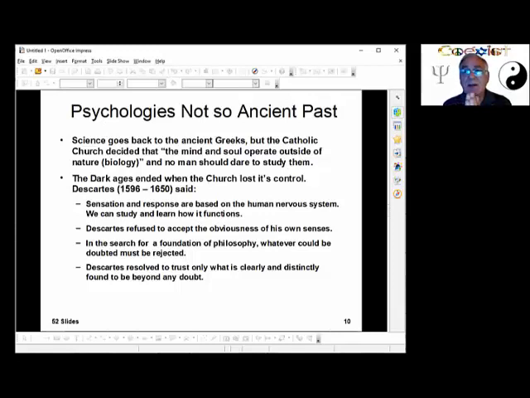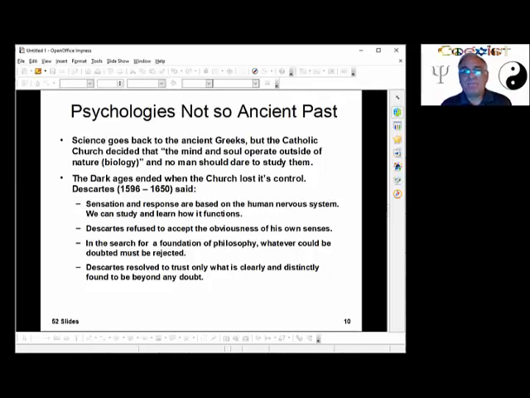That's the only reason I'm putting these dates in. If you're in a master's degree program in psychology, you will have to memorize those dates, but I'm not asking you to. So just remember, the only reason I have those in is because I want you to see where they exist in time.